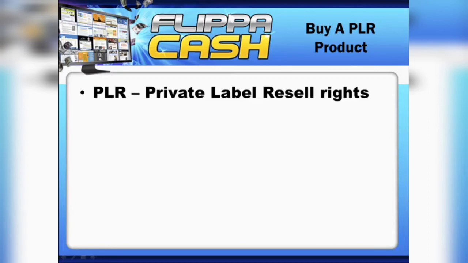You are actually buying the rights to the product so that you can do a lot of different things with it. In a lot of cases, you can change the title, you can change the content of it, you can put your own name on it, and then you can sell it to other people without having to have actually created the product. That's essentially what you're doing, is buying the rights to it. And don't worry, it is actually totally legal. You can't buy rights to every product.